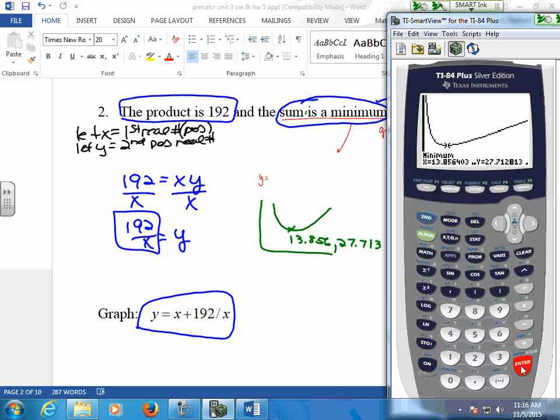This is my sum. My product was over here. This is my sum. This is my X value. So I know what my X is. I come back here, plug this in here. I do 192 divided by 13.856. And what do I get? What do I get for my Y?